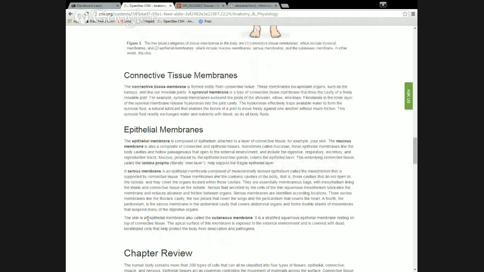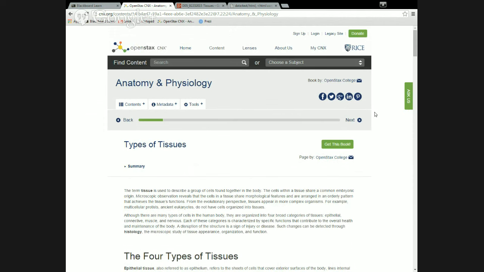Again, this is something I would normally save for the end of things, but I want to point it out to you as I'm running through a few things in the chapter because it is at the beginning of the chapter. But it is sort of where we start to think about how different tissues come together to serve as more functional units within the organs we're going to end up studying later on.